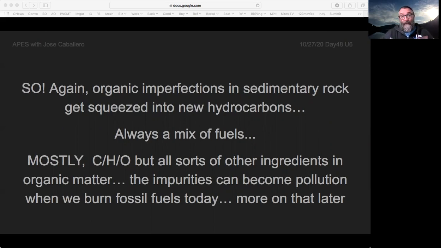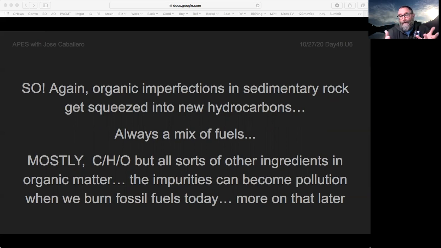And you also have to know that life has other ingredients. So when you're assembling hydrocarbons, sometimes an atom of mercury might get bonded into place, or sometimes an atom of lead might get bonded into place. There's a whole bunch of nitrogen bonded into fossil fuels.